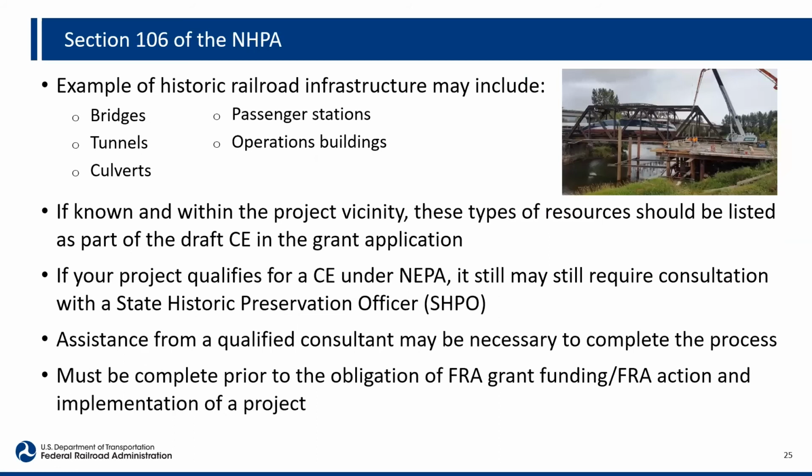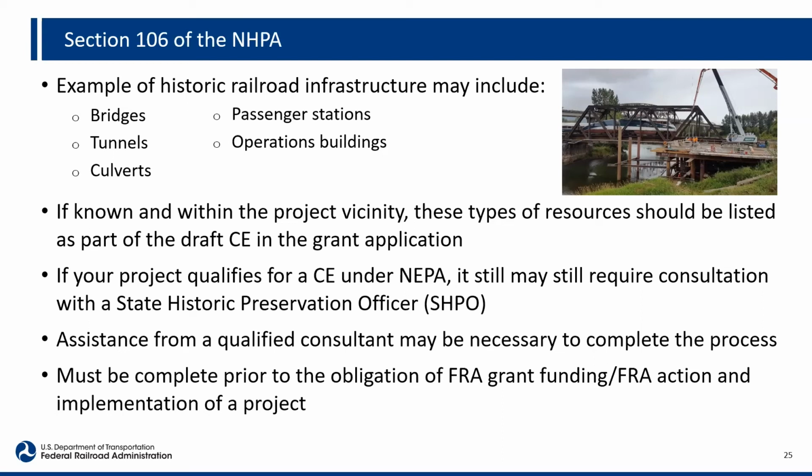And so we just have some examples of historic railroad infrastructure here. If you are aware that you have historic structures within the project vicinity, you should absolutely list these as part of the draft CE in the grant application. Even if your project qualifies for a CE under NEPA, it still may require consultation with the SHPO office.